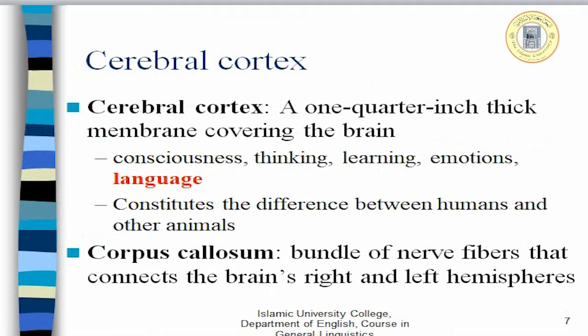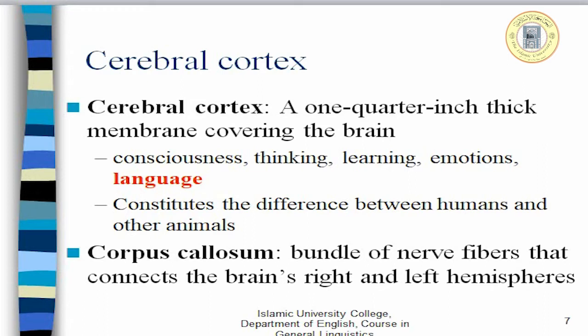While the cerebral cortex is a quarter inch thick membrane covering the brain, it deals with consciousness, thinking, learning, emotions, and language. It constitutes the difference between humans and other animals, not all animals having such a membrane.